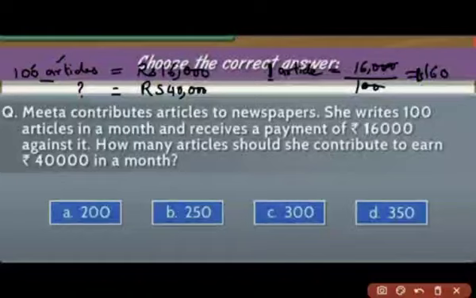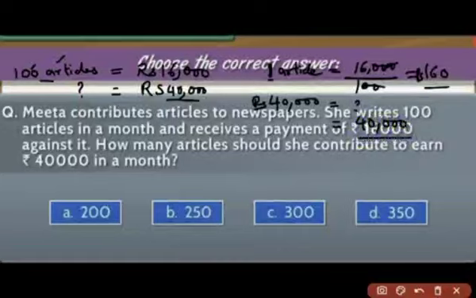Okay, now if she wants to get 40,000 per month, how many articles should she contribute? I know the cost of one article is 160 rupees. Now if I want to find out how many articles for 40,000 rupees, I will do 40,000 divided by 160. Here the cost is increasing.